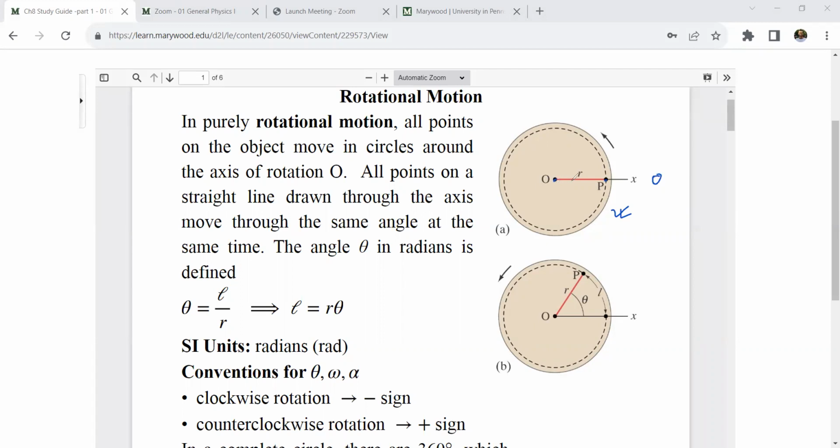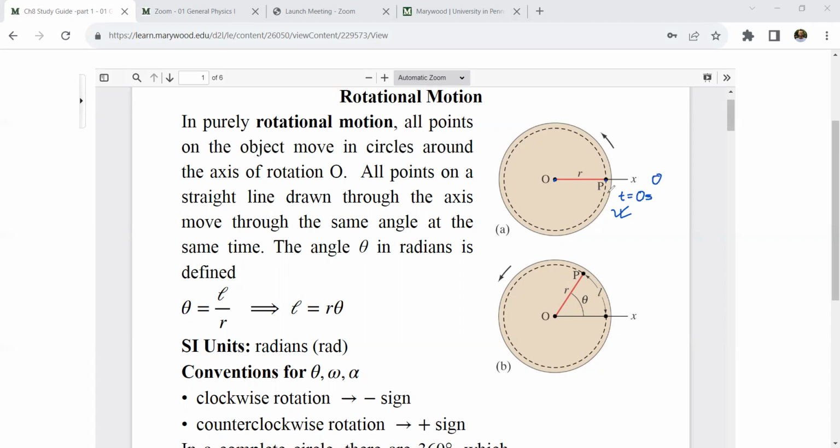The angle of P is 0 because it doesn't make any angle with the x-axis. Let's say this is time t equal to 0 seconds. At t equal to 0 seconds, the angular position of point P is 0.